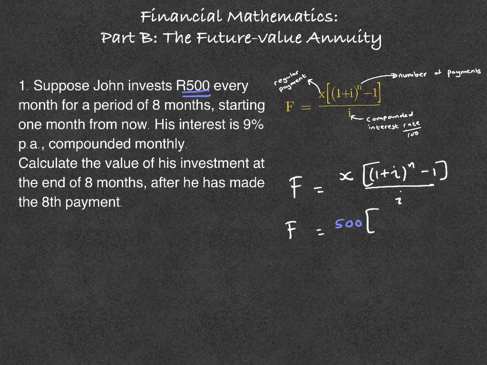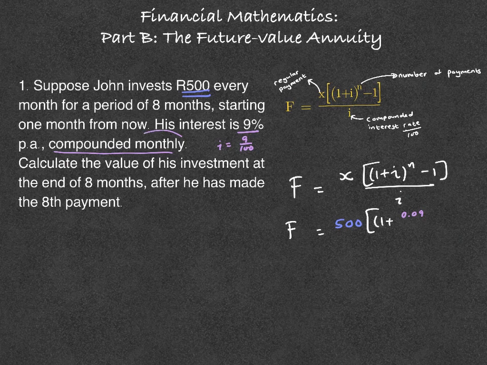So then it is 1 plus i. And what is the interest rate here? The interest rate is 9% compounded monthly. So that would be 9%, right? That is the rate over 100. So i, therefore, is going to be 9 over 100, so that will be 0.09. Okay, that makes sense. Now this is very important.